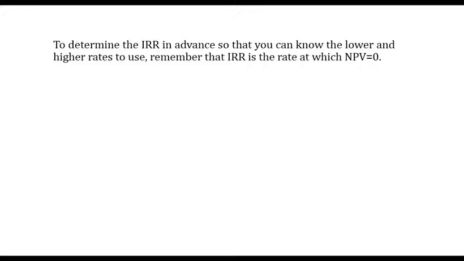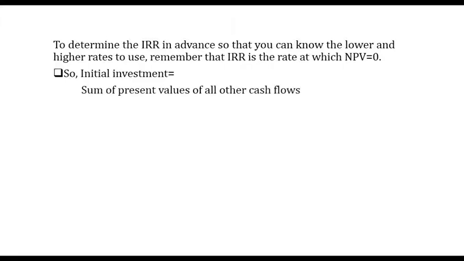As you know, IRR is the discount rate at which the net present value is equal to 0. So, to insert it in a calculator, we form an equation that the value of the initial investment at year 0 should be equal to the present value of all other cash flows from year 1, year 2, year 3, year 4.